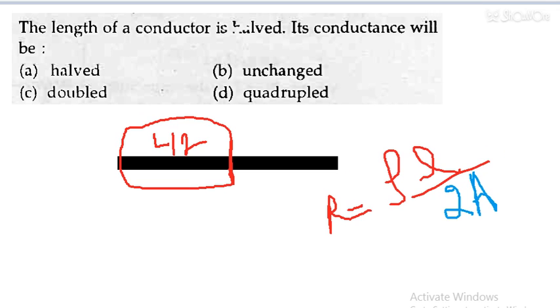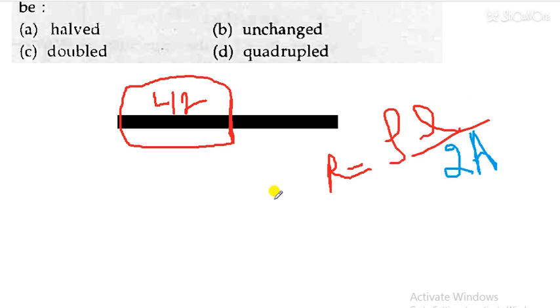So when resistance is halved, conductance is doubled. Conductance is opposite to the resistance, no?